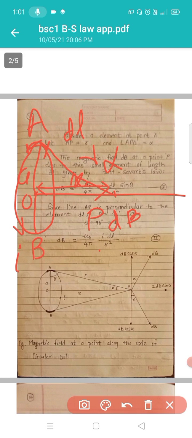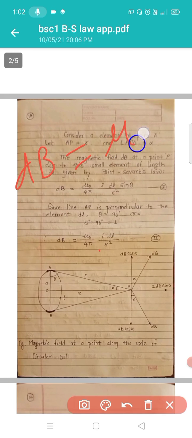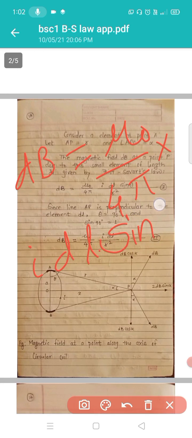Then by the Biot-Savart's law we have the magnetic field dB equal to mu naught upon 4 pi into I dl sin theta upon r square.